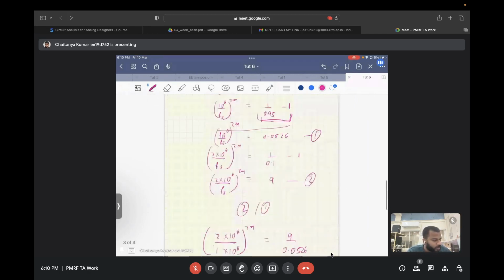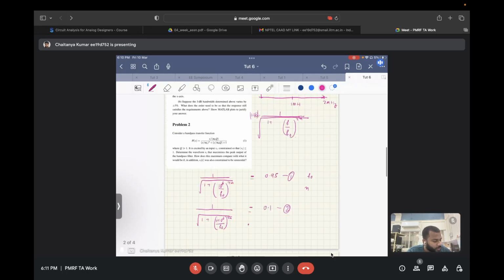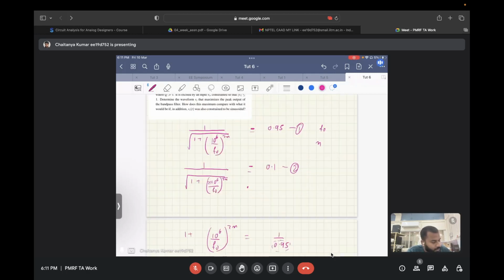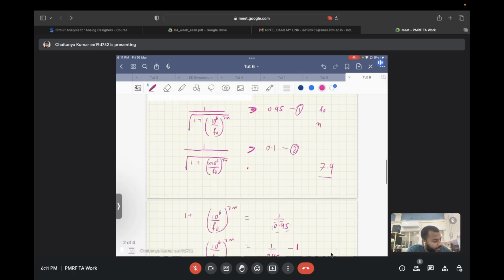You should never do round off, because you should keep in mind that we started from an inequality. We need to satisfy this inequality, so doing round off will create an issue. Let's say your n comes as 7.9 or 7.1. In both these cases, you should take n equal to 8. Why?